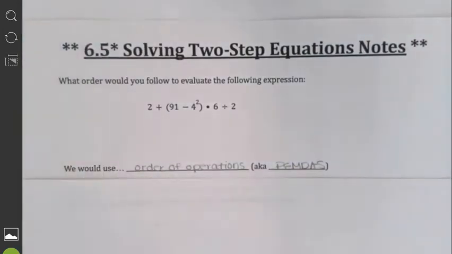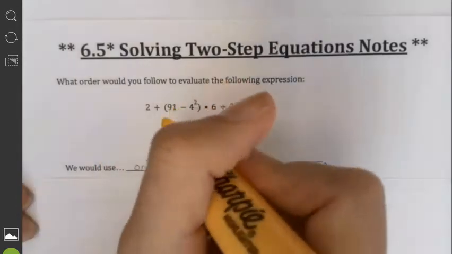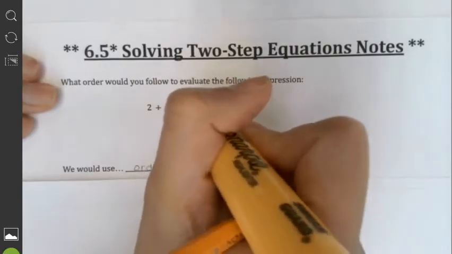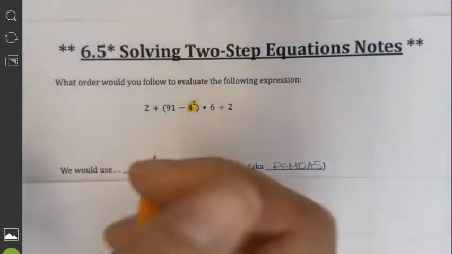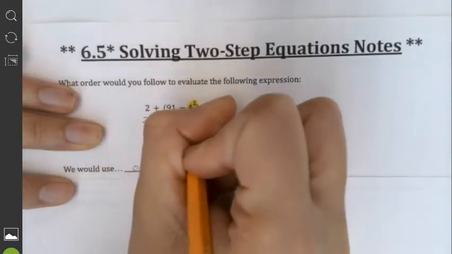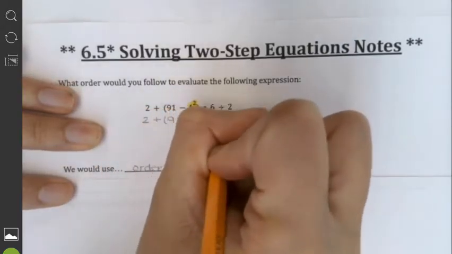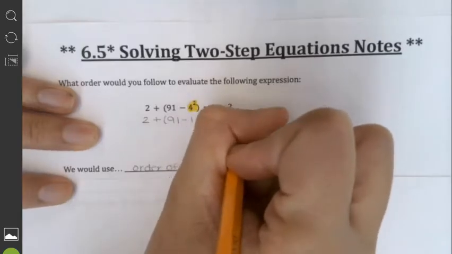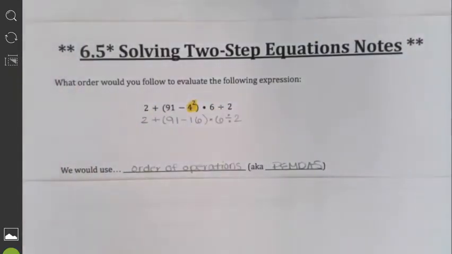So let's do that. First, we're going to start inside of the parentheses, and I see subtraction and exponents. So we're going to do the exponents first there. Four squared gives me 16.